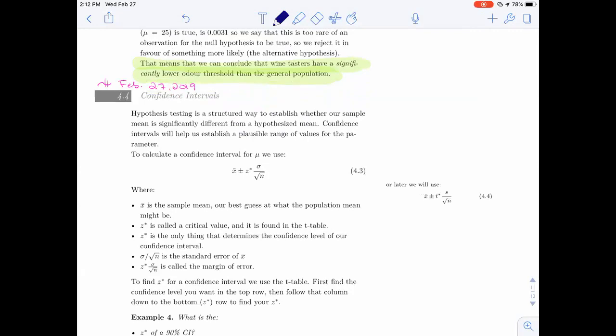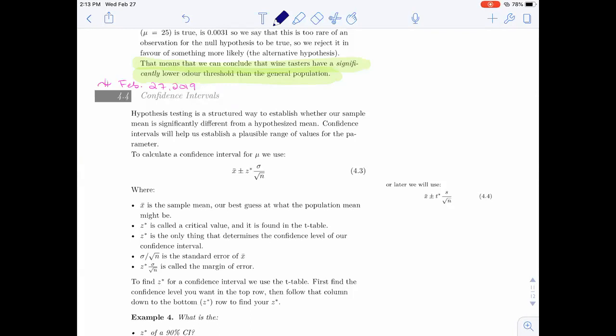Going back to hypothesis testing to make the connection: it's when we want to know if something is significantly less than, greater than, or different from some value.